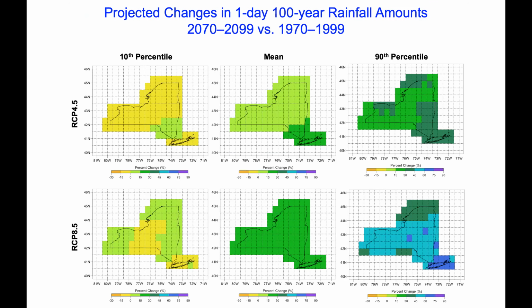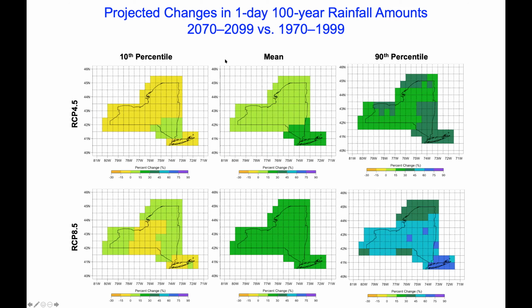If we look at these values across the state of New York to get how this changes spatially, again, I'm looking at the 1 day 100-year rainfall amounts here, out at the end of the century, 2070 to 2099.